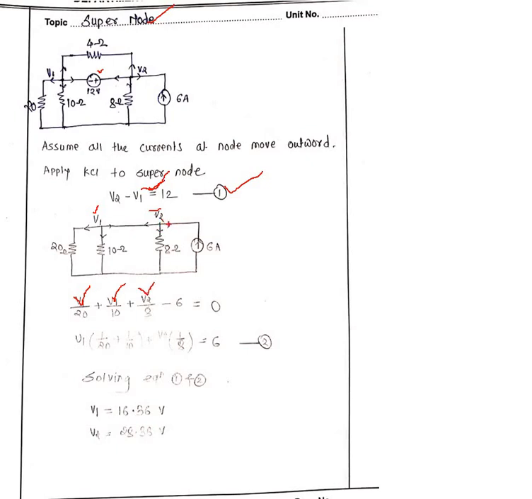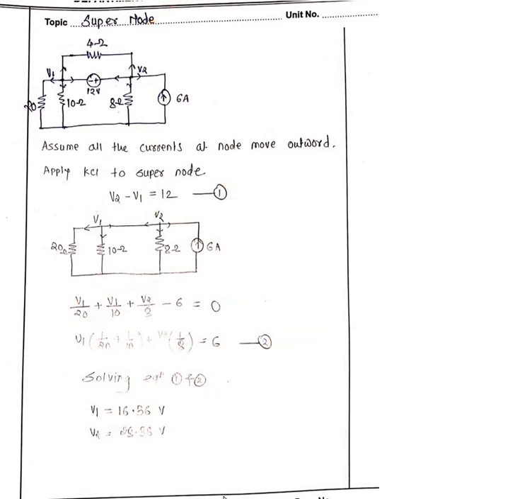Then here the arrow mark is in the opposite direction, minus 6. It is equal to 0. This gives equation number 2. Then with equation number 1 and 2, solve.